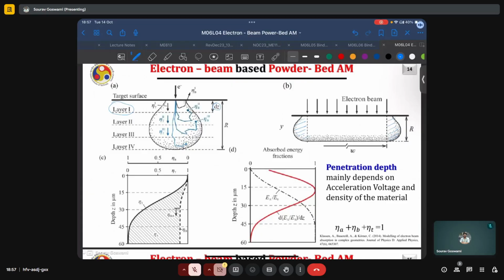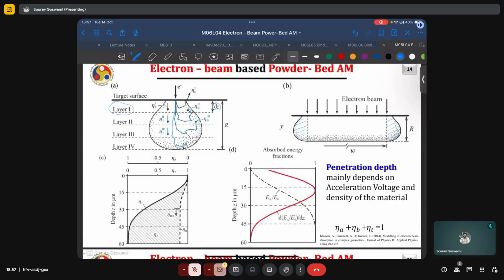As we keep going deeper into the material, the radius of spread of these backscattered electrons also increases, which leads to this bulging or onion-like shape. Till finally, in approximately four layers, all the electrons are trapped and embedded, and the melt pool ceases.